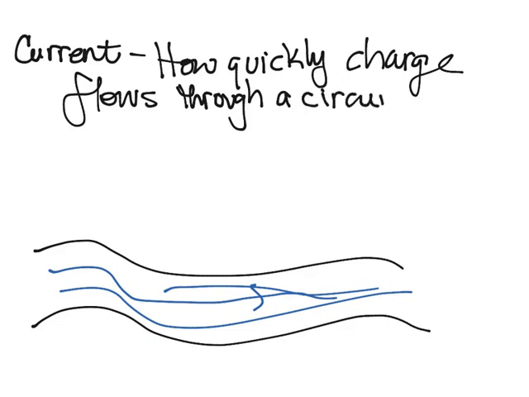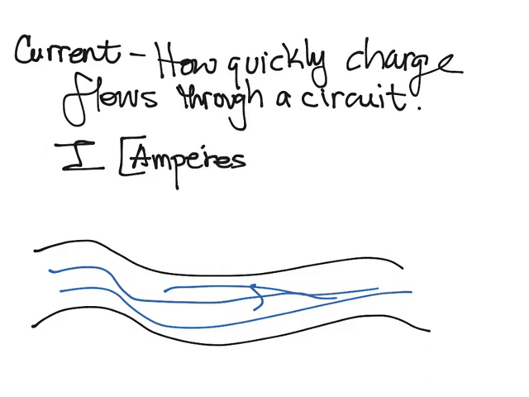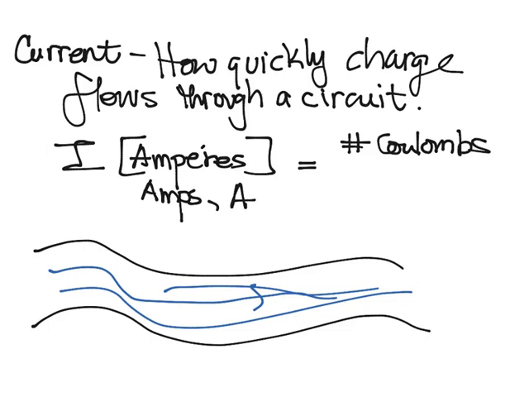The symbol for current is I, and the unit is amperes, or sometimes just amps, or A. That's the number of coulombs per second that flow through your wire.